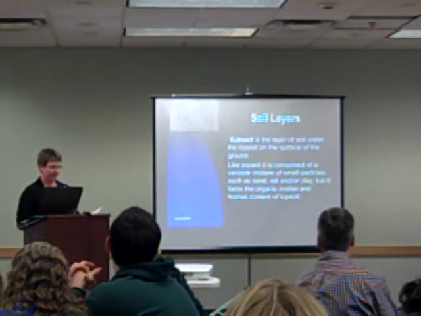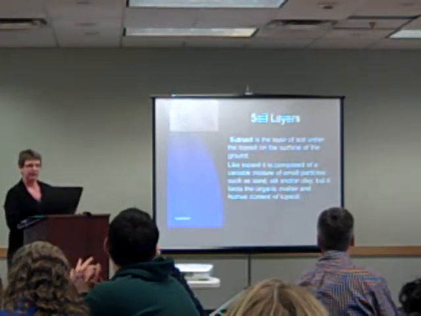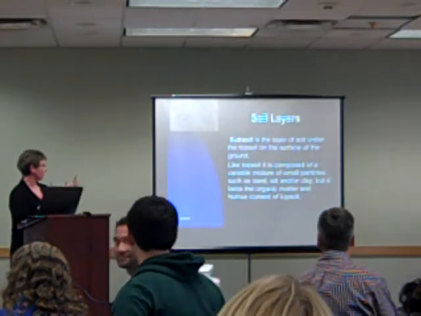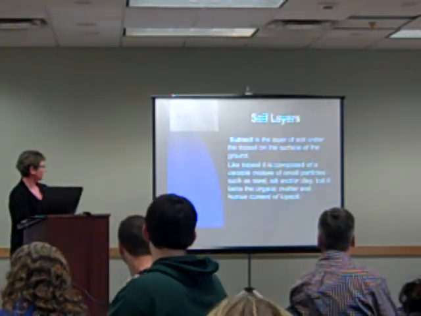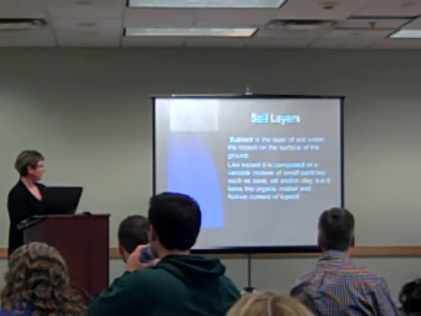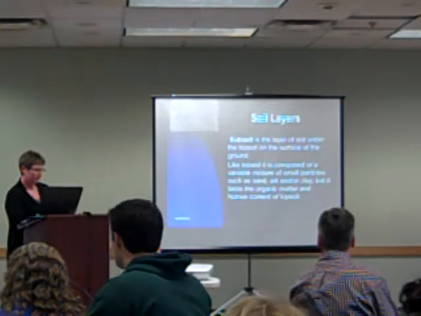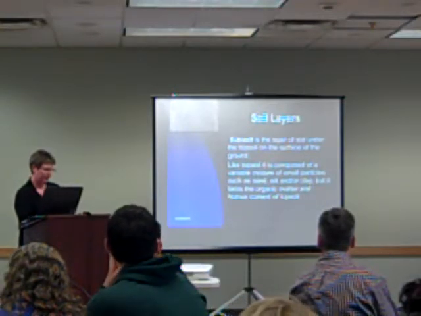Some examples of the soils would be your subsoil, which is a layer of soil under the topsoil, which is on the surface of the ground. Topsoil is composed of variable mixtures of small particles; it has silt, sand, and clay in it.